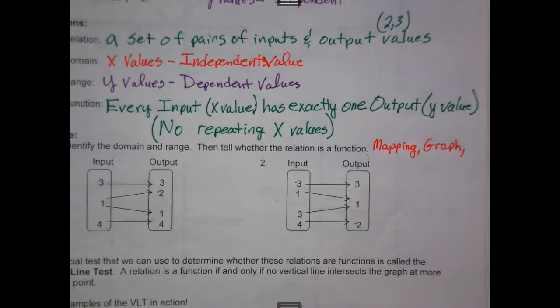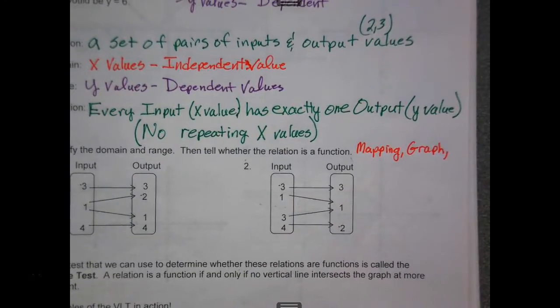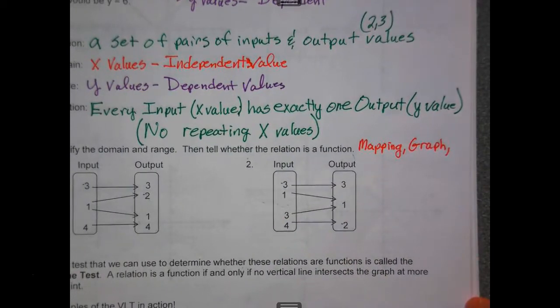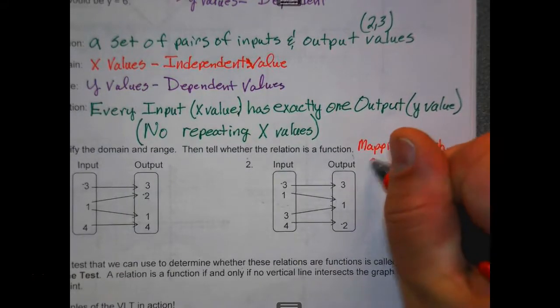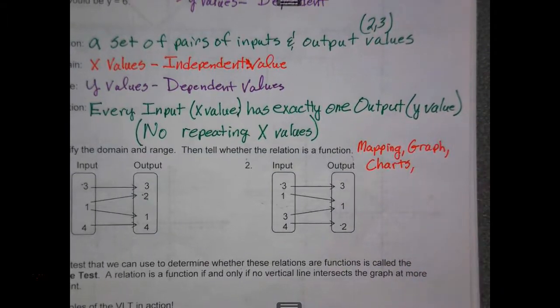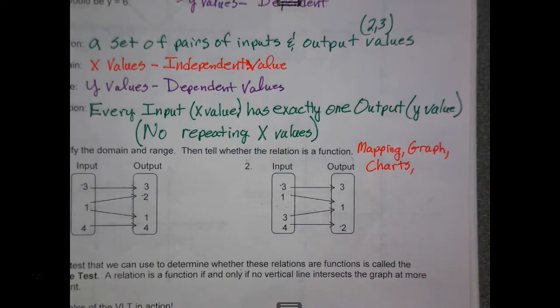To visualize what a function is, we use graphs. This is mapping. I think they just call them charts now. And then the actual ordered pairs themselves.